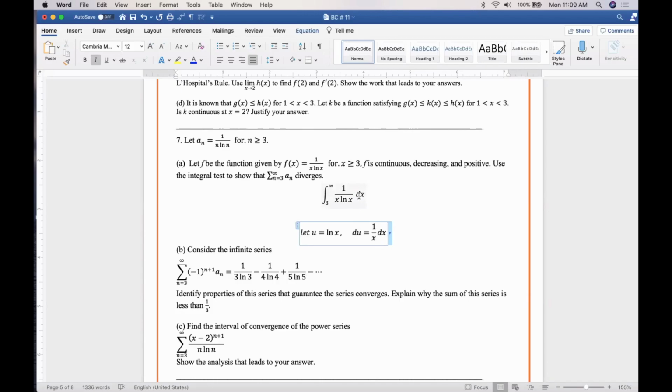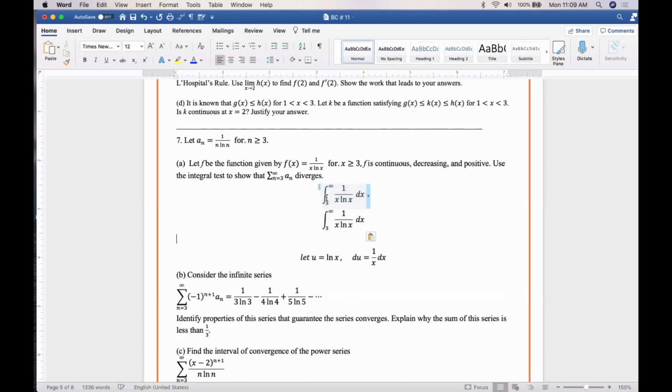So this will lead to the integral of this will be your u, right? And 1 over x dx, what's left is the du, right?